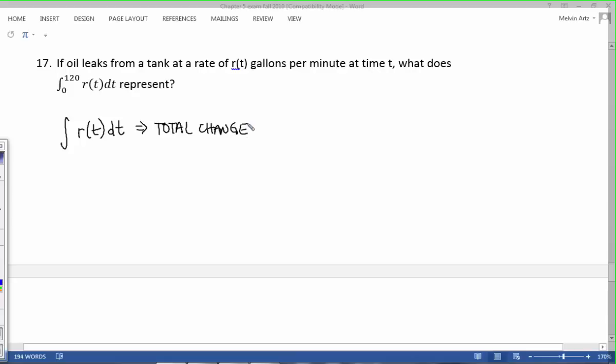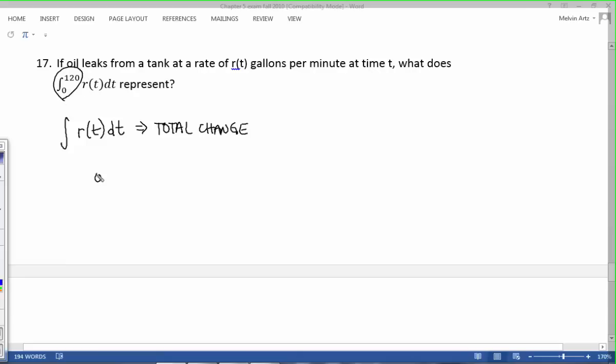So what are we looking at the total change of? Well, if oil is leaking from the tank, we're looking at the total change, or the total amount in gallons of oil that has leaked from the tank on the interval 0 to 120.